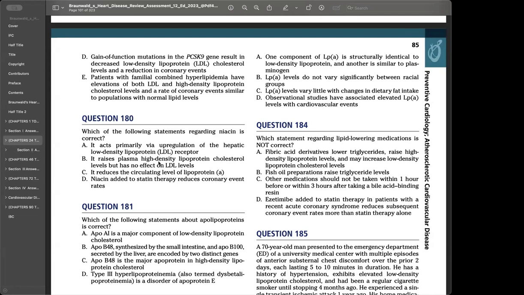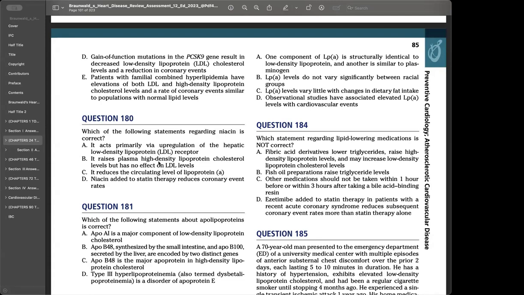But we'll go to option C so that we'll walk through it. Option C, other medications should not be taken within 1 hour before or within 3 hours after taking bile acid binding resin. Bile acid sequestrants like cholestyramine bind to other drugs and impair their absorption.